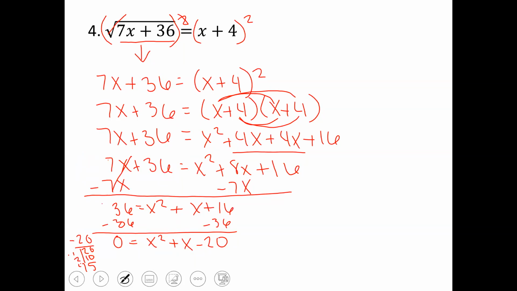So 0 equals parentheses x plus 5 and then x minus 4. Put each parentheses equal to 0. So x plus 5 equals 0, x minus 4 equals 0. So then we have negative 5 and positive 4.